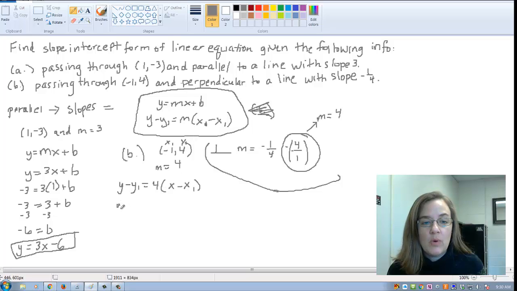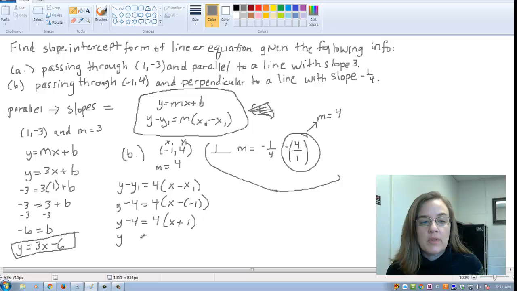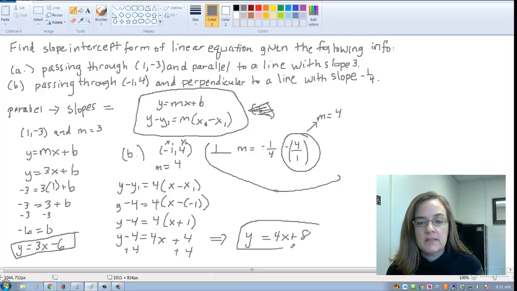Y minus 4 is 4 times x minus a -1. So I have y minus 4 is 4 times x plus 1. And then I just solve for y. So I'm going to have 4x plus 4, and I still have this minus 4 over here. So I'm going to add 4 to both sides. And what we see is that I have y is equal to 4x plus 8. That is what I'm looking for.